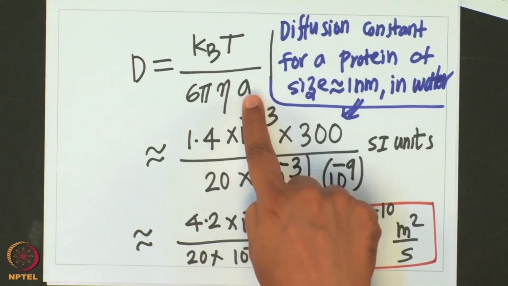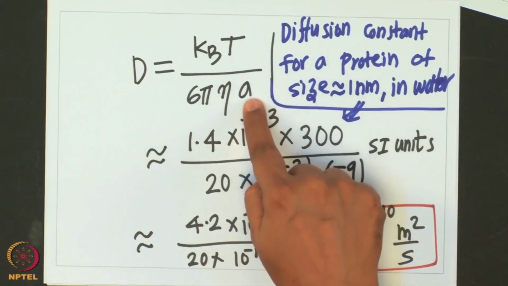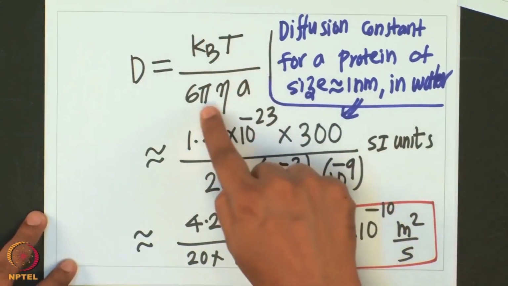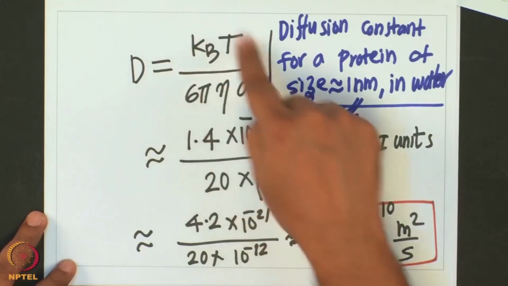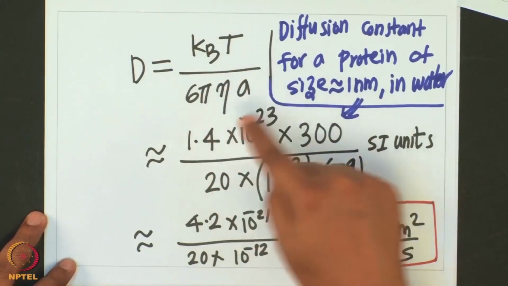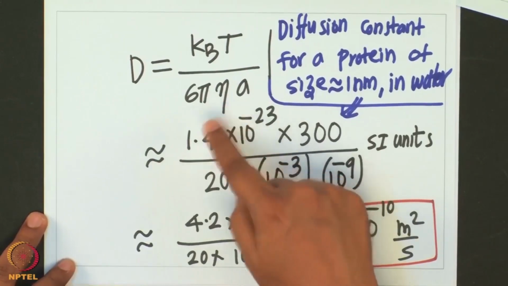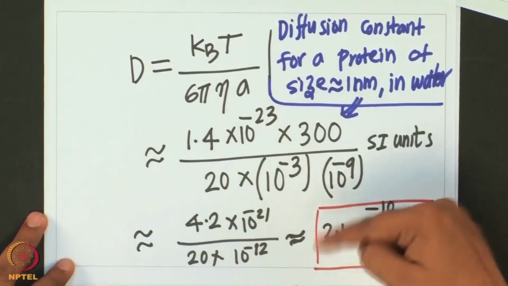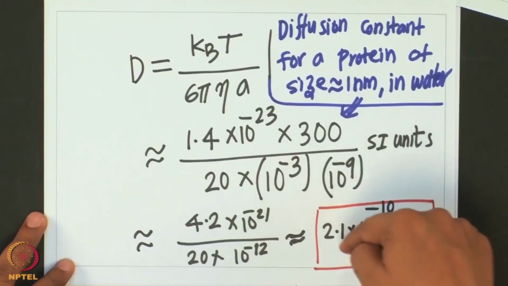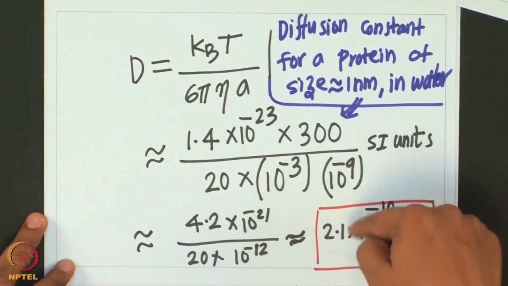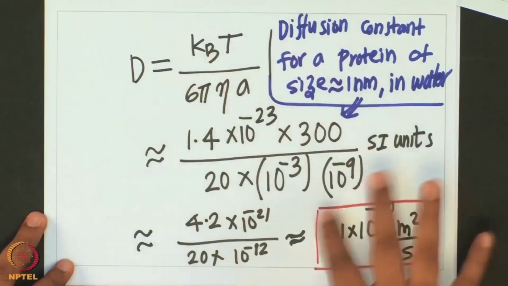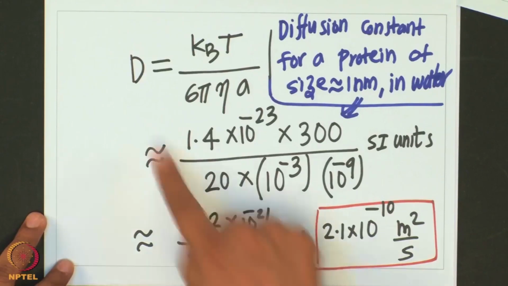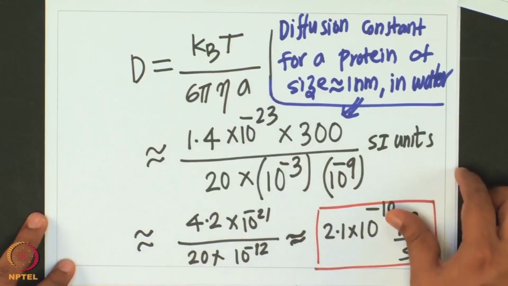The only thing we have to know is the rough globular size of the protein, the radius of the protein globule. If we take the viscosity in a cytoplasm, which is roughly 5 times higher, the diffusion constant will be about 5 times less. That is the only difference, but roughly of this order.